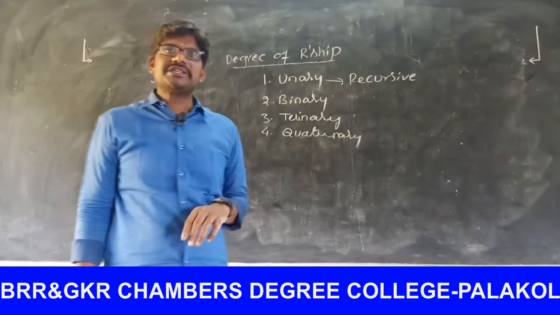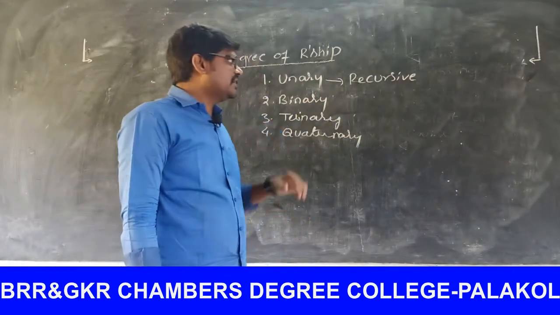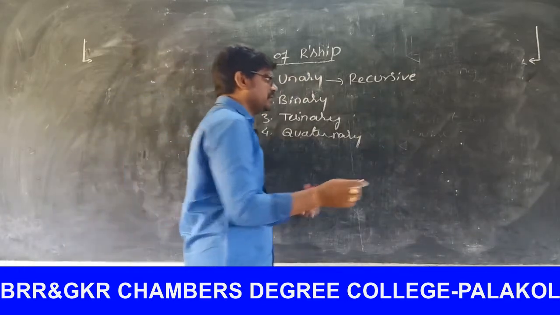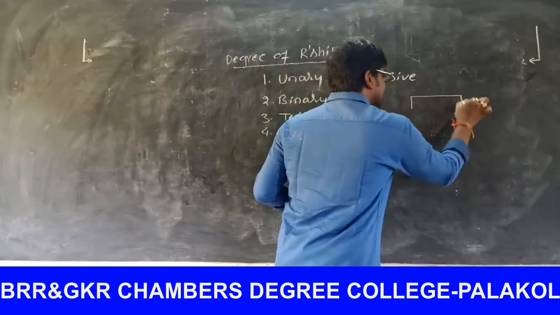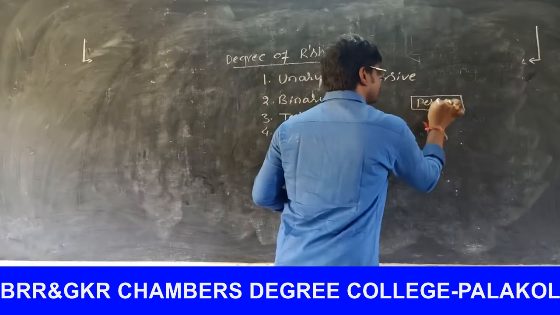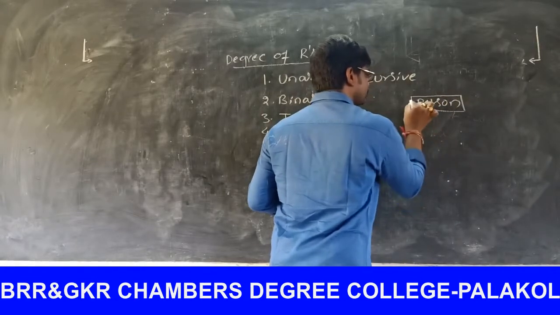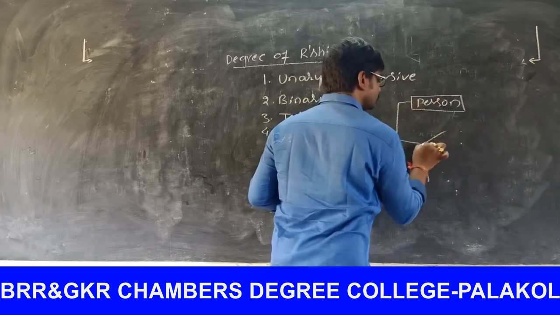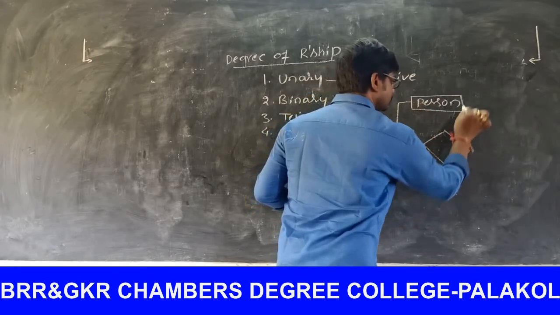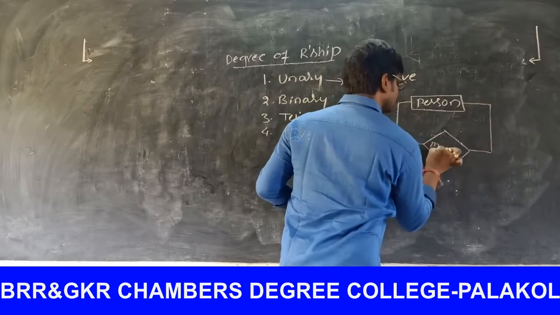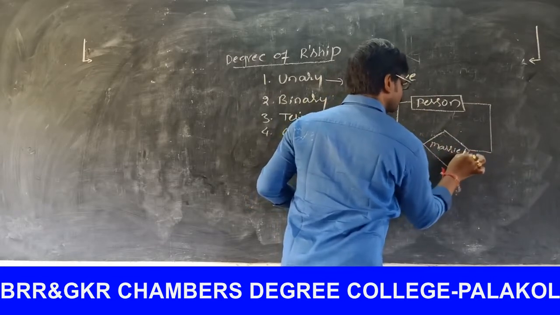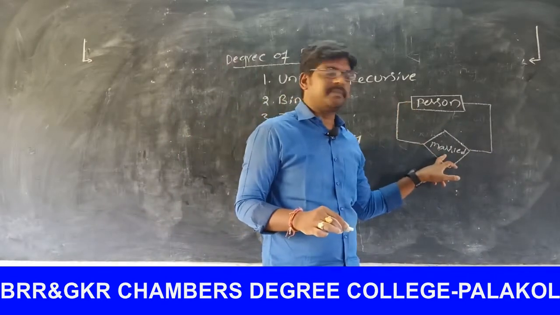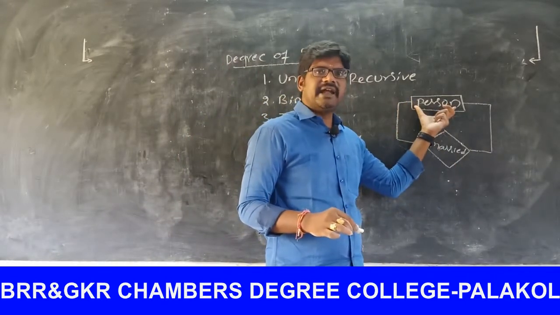Recursive. A relationship itself is called the recursive relationship. For example, person, okay, person. So this is the relationship. This is an entity.